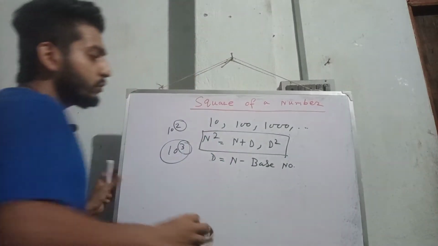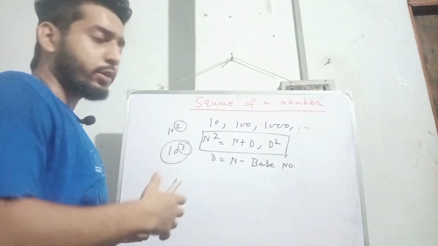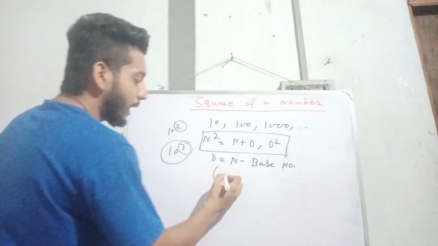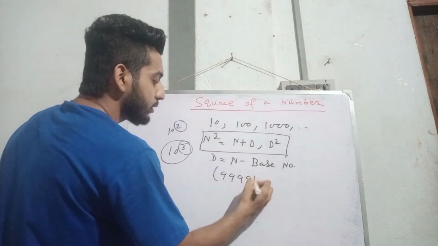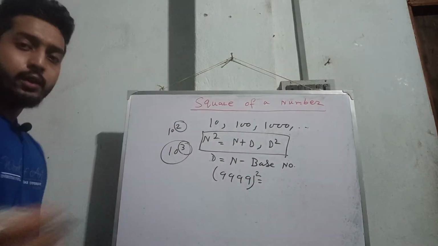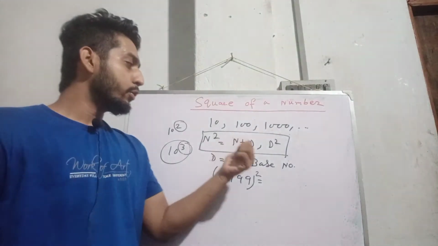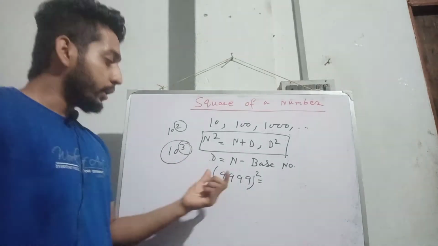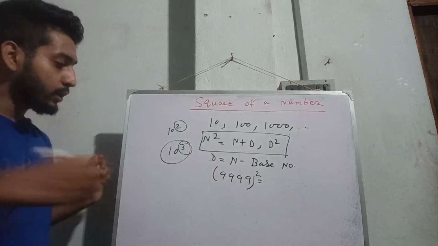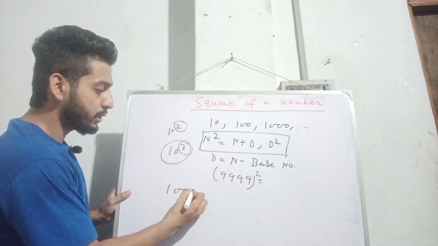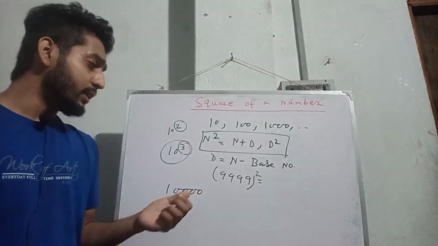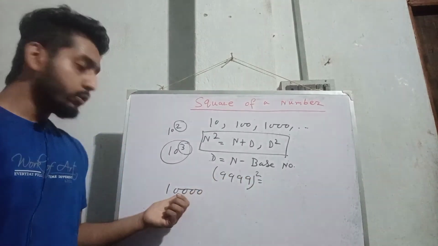Suppose I need to find the square of the number 9999. So how to find it? A similar approach we have to apply here. The base number is 10,000, as it is closer to 10,000.